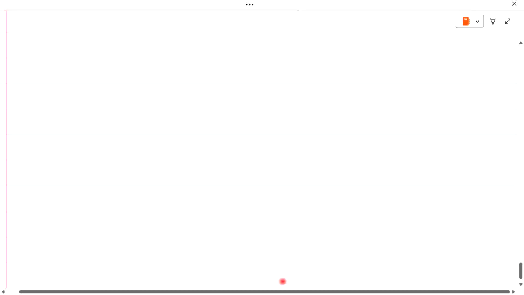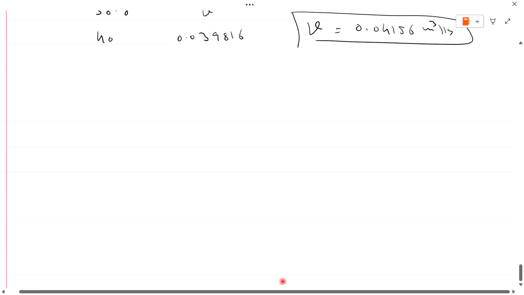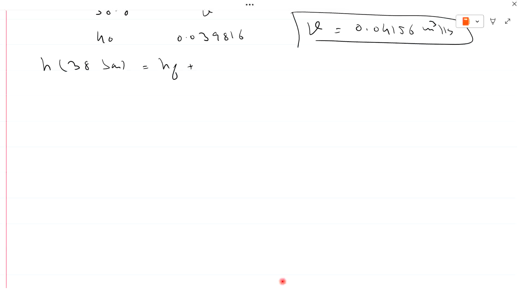Now find specific enthalpy by interpolation. First find enthalpy at 38 bar. Formula is Hf plus x (Hg minus Hf). Find Hf and Hg from the saturated steam table at 38 bar. Hf is equal to 1073 kilojoule per kg. x is 0.8.